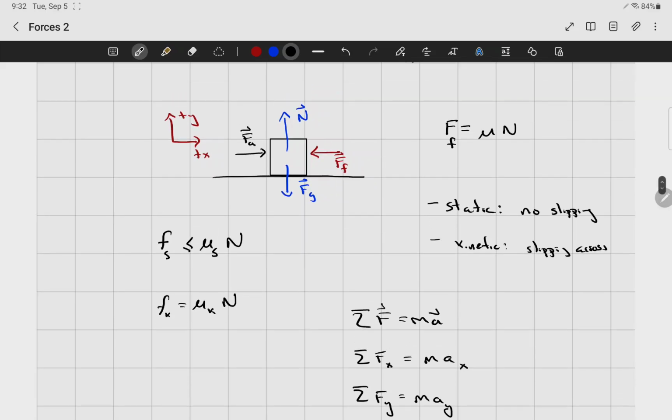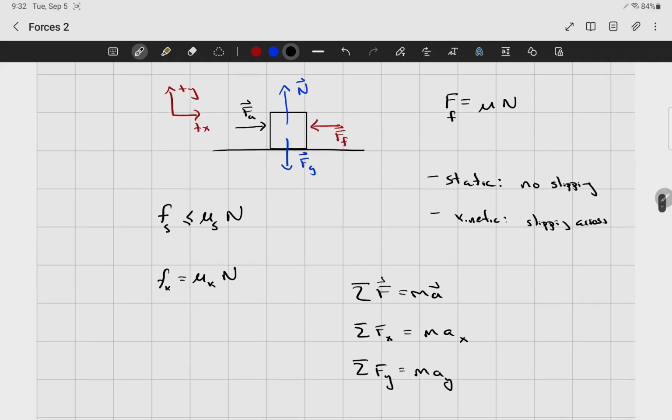And in the way I've organized my forces and my directions, when I added up the forces, I would have the normal force minus the force of gravity. So in this case, I've arranged my y component of the forces to have the normal force in it.